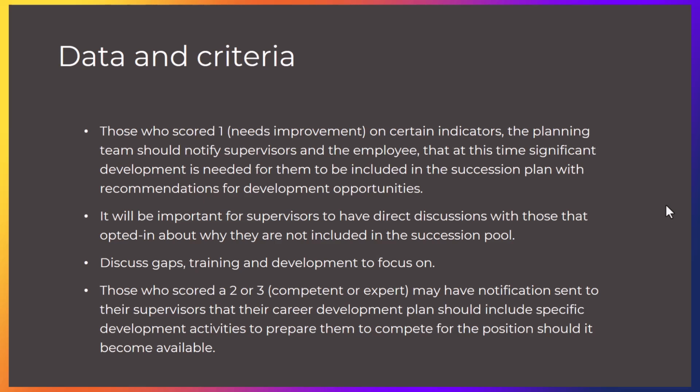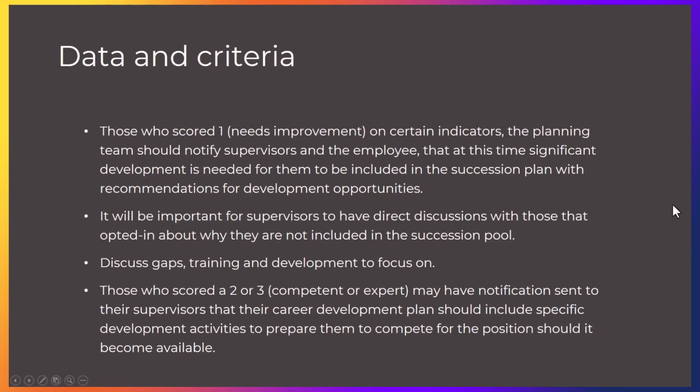And then for the people who score 2 or 3, competent or expert, you may have a notification sent to their supervisor that their career development plan should include specific development opportunities and activities to prepare them to compete for the position should it become available. So again, succession planning is not exactly when somebody's leaving, right?